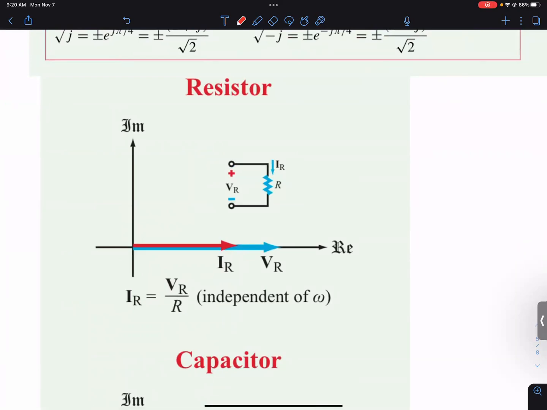So if I was to graph my VR, it would be a real value. So this is where the voltage input is only a real component. And I put that through a resistor, I get only a real value out.